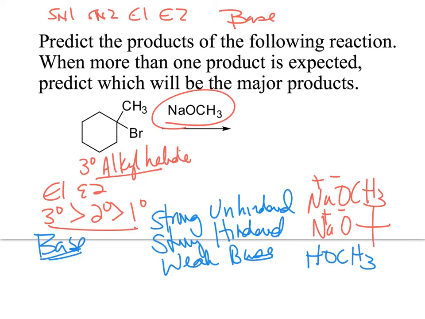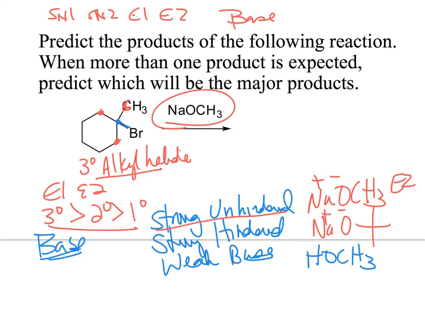So then you got to look at your carbons next to the carbon bonded to the bromine. So which ones are those? It's this carbon, and this carbon. So you have three neighbors because you have a tertiary alkyl halide. And you're going to have elimination, and obviously we have a strong unhindered base, so this is an E2.